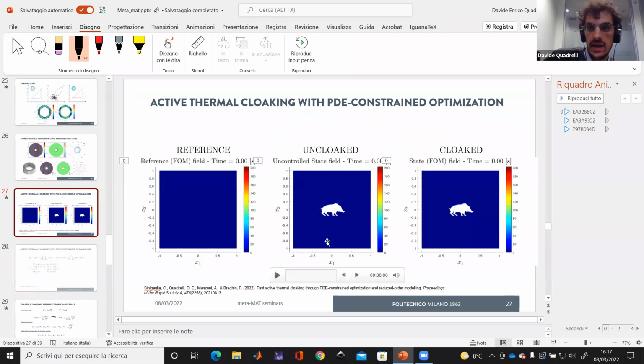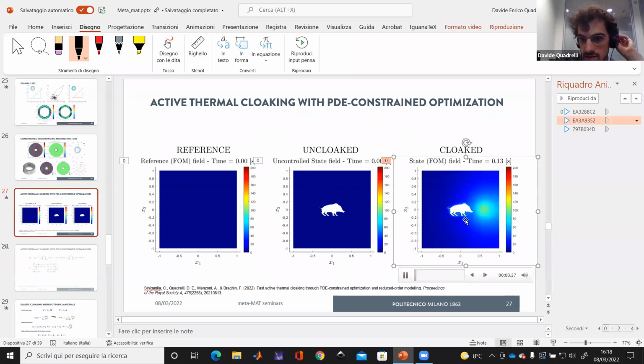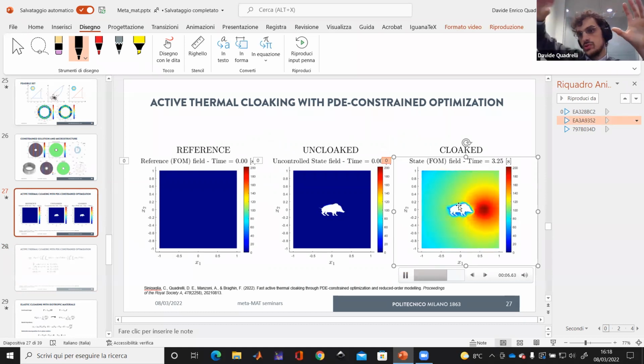We did several tests. For example, this was just funny because of the shape, which is related in some way to the city of Milan. But the idea is that the control is distributed here, so you have continuous sources around, like a continuous cloak made of point sources.